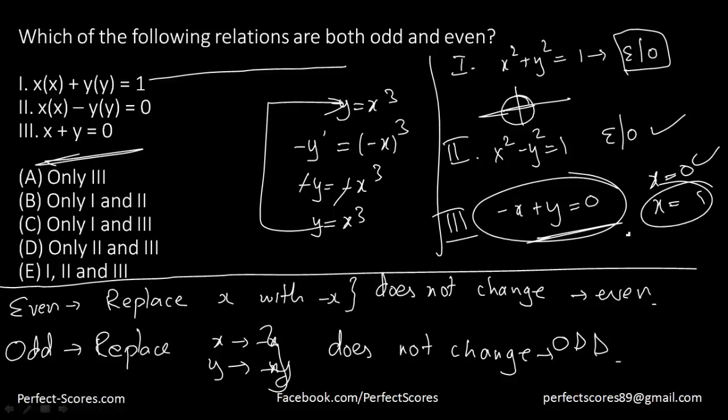But if x is equal to 1, 2 or 3 or negative 1, negative 2 or negative 3, the function will change. That means this is not an even function. That means these two, 1 and 2, are even functions as well as odd functions. So I hope you're able to understand my point over here, guys. Let's move forward to the next one.